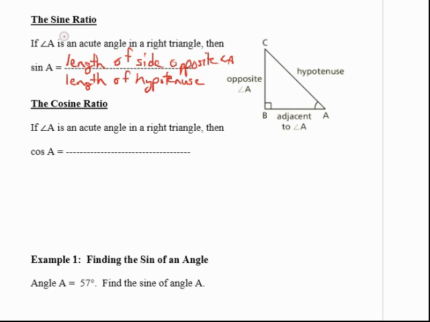And the cosine ratio: if angle A is an acute angle in a right triangle, then cosine A is the length of the side adjacent to angle A to the length of hypotenuse.